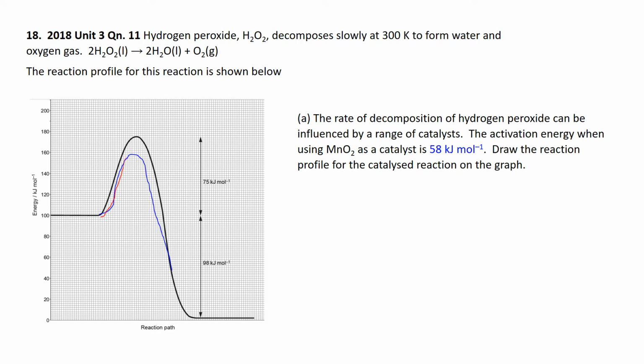So I would actually draw it with that same energy hump there, but at least an extra little hump. So here's 2 steps for the reaction with the activation energy of 58 kilojoules per mole. To be honest, I don't know what the A-level boards want there. I mean, the important point is showing the 58, but I would also like to emphasize that there's a different mechanism too, goes from 1 step to 2 step in our pretend hydrogen peroxide world.